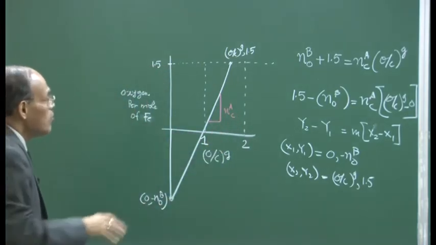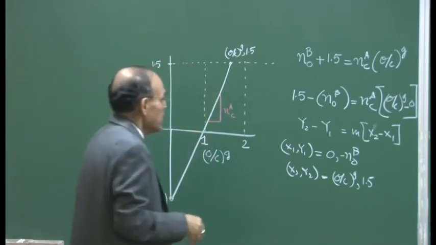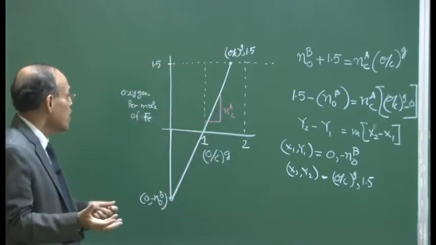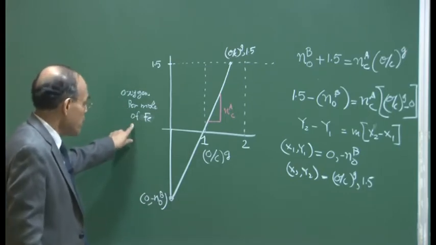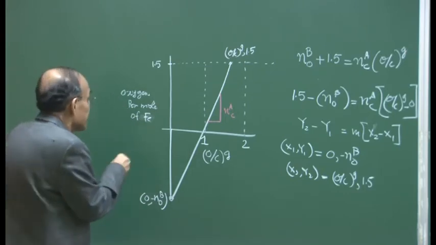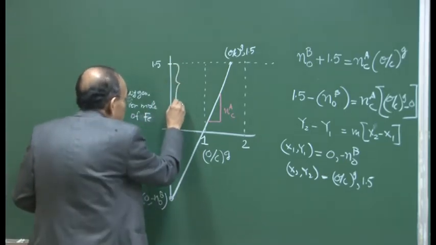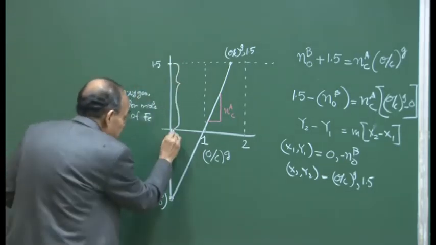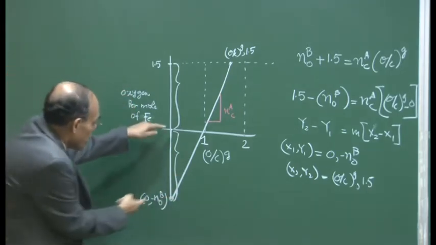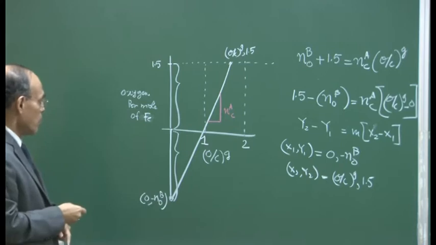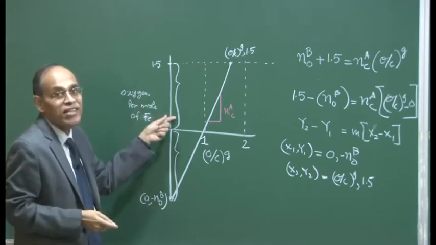Okay. So, the overall oxygen balance equation can also be converted into a plot of oxygen per mole of Fe, where we can see that this is the oxygen which is present from the ore, and this is the oxygen which is supplied from the blast. So, this is a measure of the supply of oxygen, and this is inherently present in the system.